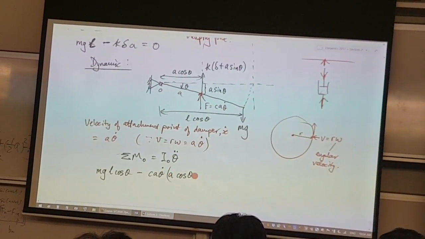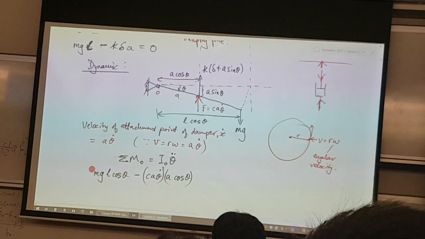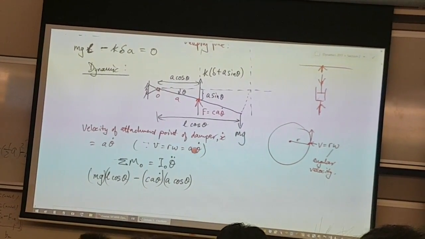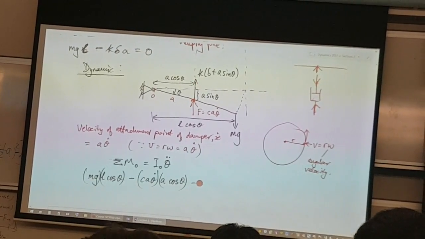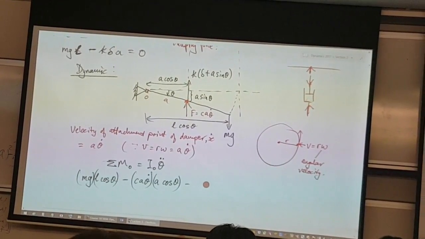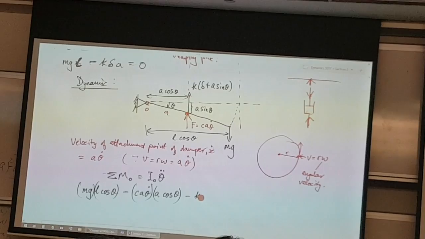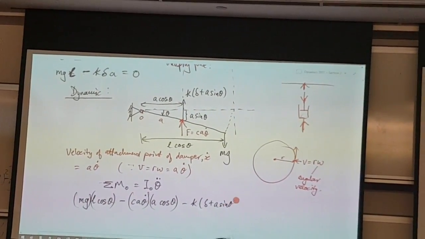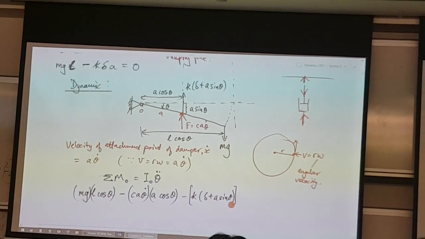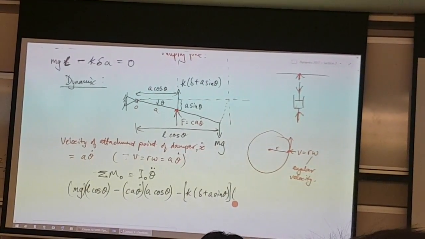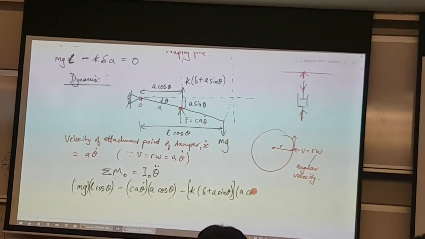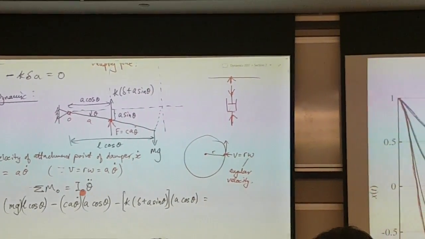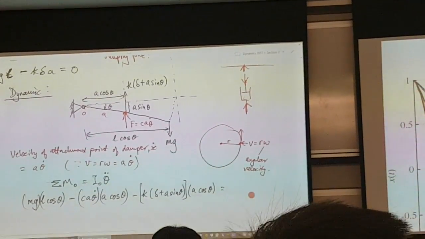Next, the spring force is also in the opposite direction to our convention, so minus k times delta plus a sine theta, multiplied by the perpendicular distance, which is also a cosine theta. This whole thing equals I naught theta double dot.